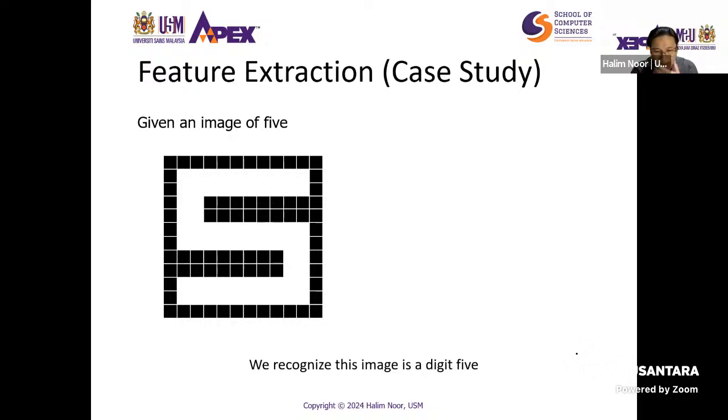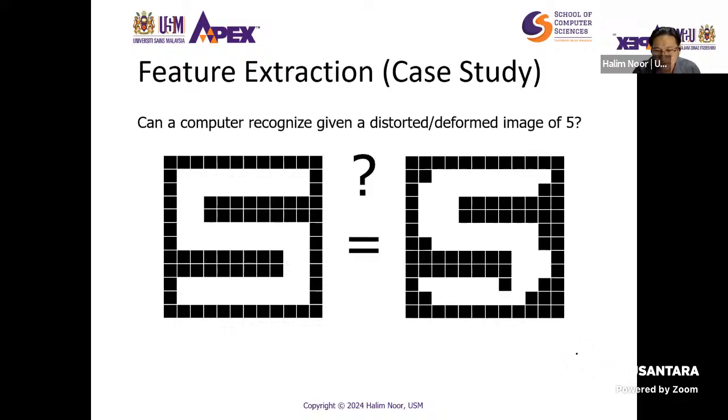Let's say we want to build a system which can recognize this image is a digit of 5, right? Now, if we have the image on the right, we still want the system to be able to recognize it, although the image is distorted or deformed or corrupted, right?